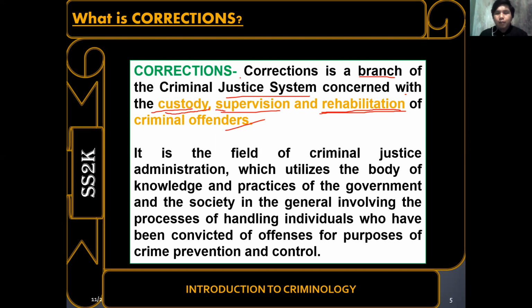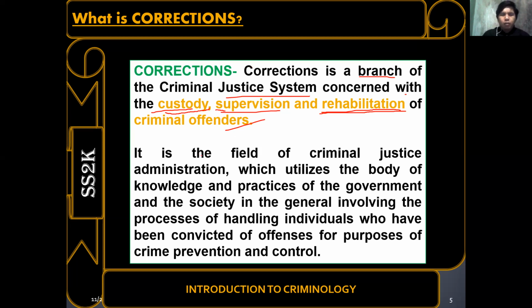Okay? So meron tayong tinatawag na institutional correction subject. Meron pong community-based corrections o yung non-institutional corrections. Pag-aaralan din po ninyo yan. And you will also discuss the different therapeutic modalities that can be used para sa ganon ay magbago yung isang offender.